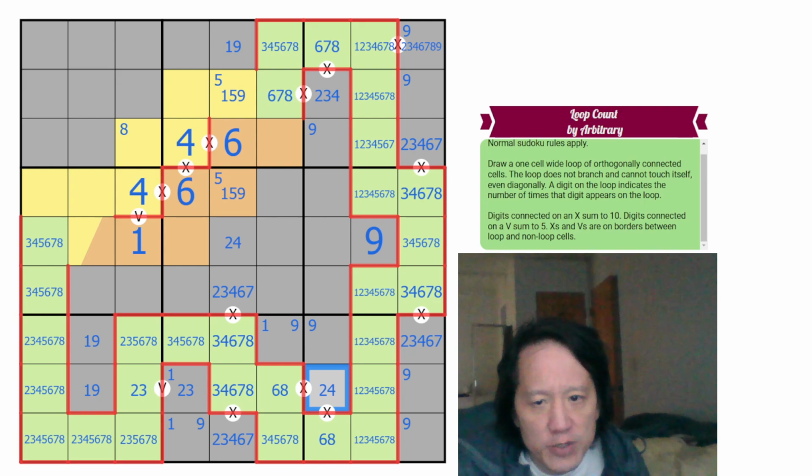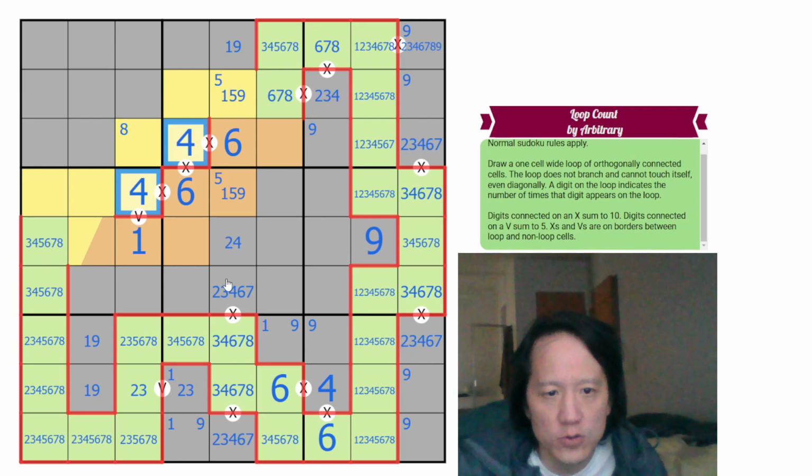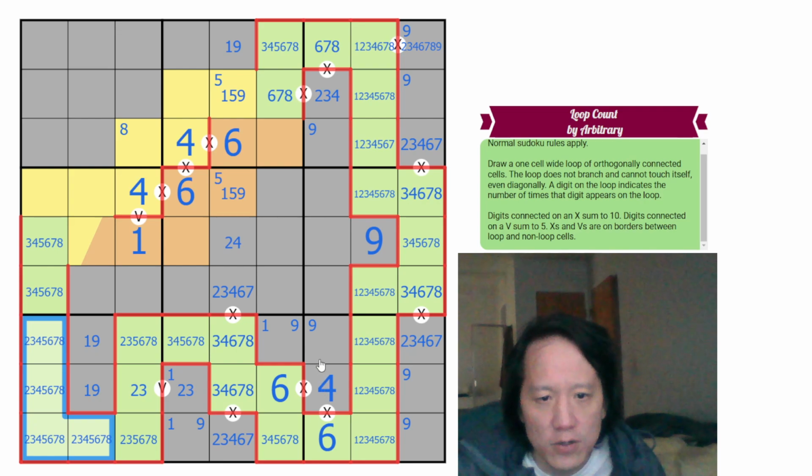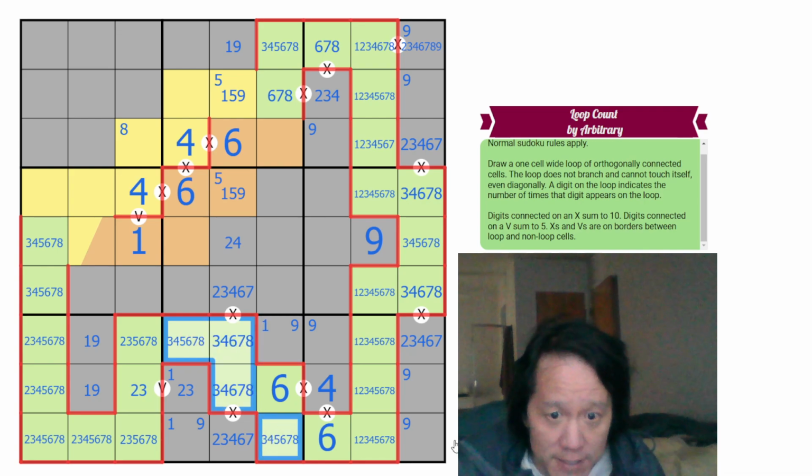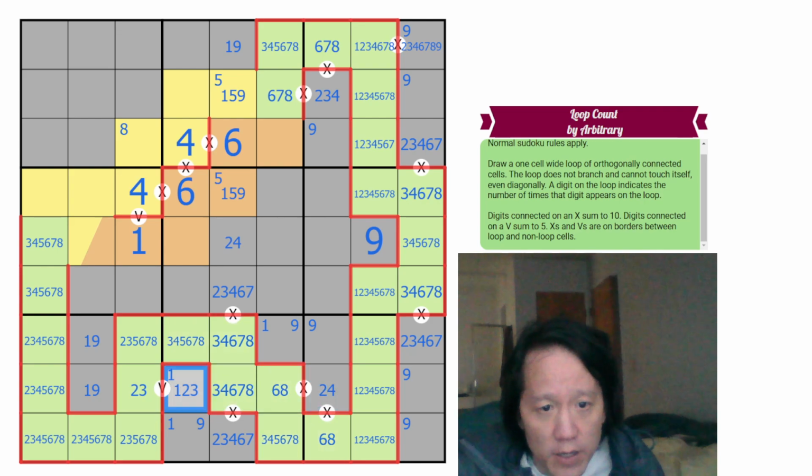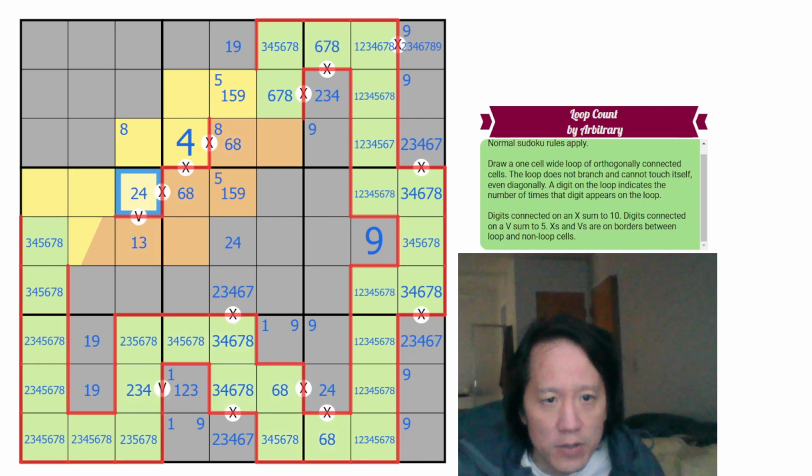So therefore, this becomes 4. This is 6. This is 6. So 4 is already considered twice on the loop. And then it also has to be here, and then it also has to be in one of these columns. Therefore, this cannot be 4. Therefore, it has to be 3 in that instance. So either way, we know where the 3s are, right?